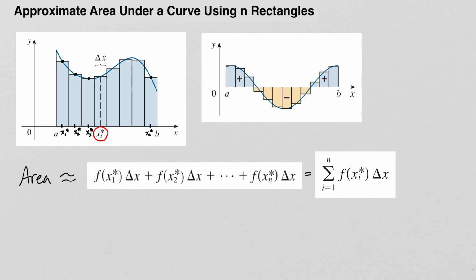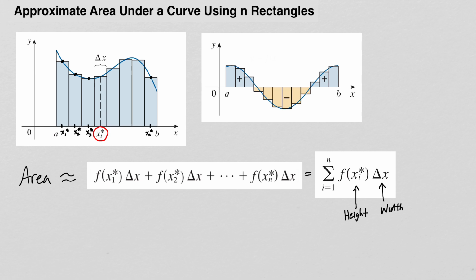So what we want to do is really get to be familiar and comfortable with this notation. When you see a summation symbol like you see here, and f of xi star times delta x, you should just think of f of xi star as the height of some rectangle, and delta x as the width of the rectangle, or the base of the rectangle.